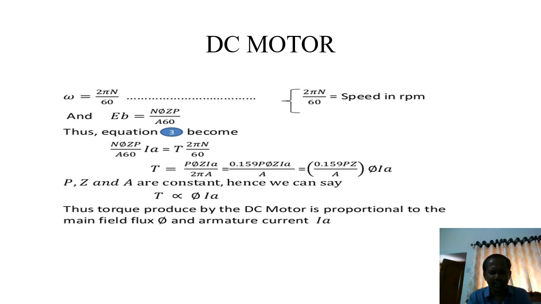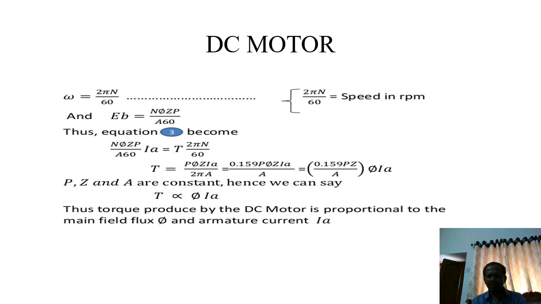Here P is the number of poles, Z is the number of conductors, and A is the number of armature paths, which are constants. Hence, assuming these are constant, torque is directly proportional to phi Ia.